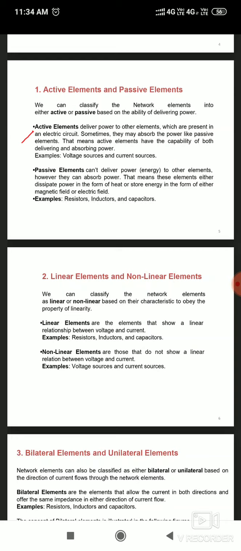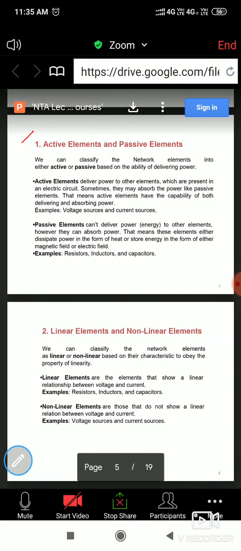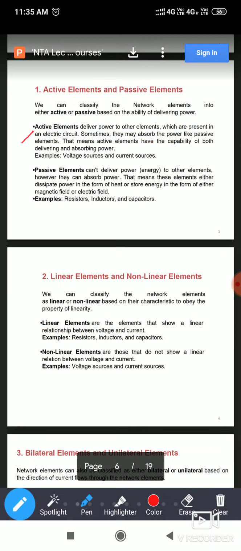Now what are the examples, how to identify which is the active element and which is the passive element? Active element examples are voltage sources, current sources, power sources, which deliver current and power in the circuit. Now the passive element cannot deliver power to other elements. They always absorb the power. What are the passive elements?